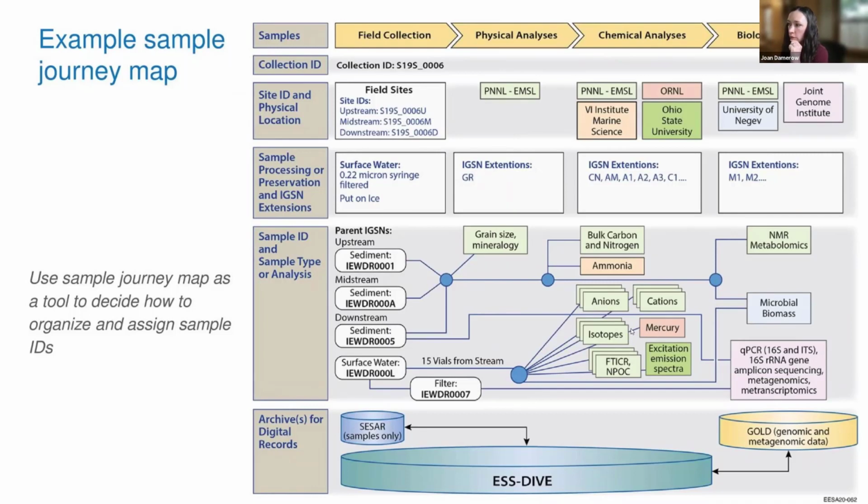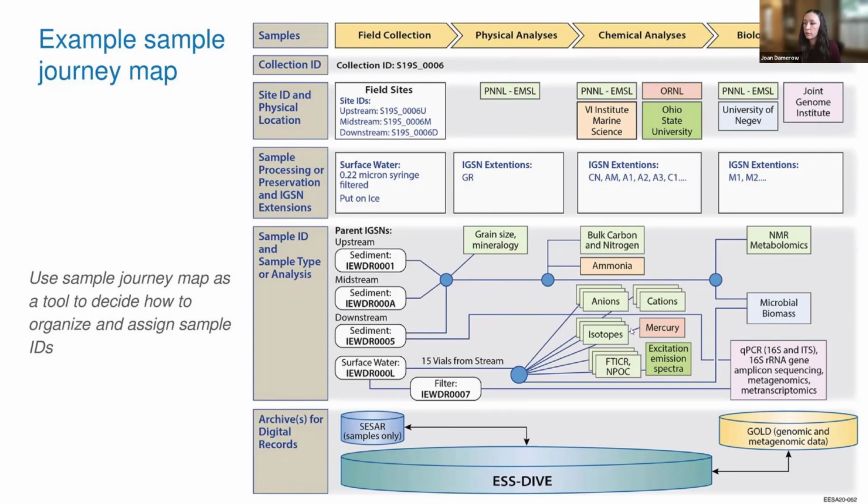And you can see how many of these samples have a series of analyses that are associated with them. And it's really useful to have a common machine readable persistent identifier to be able to track that information.